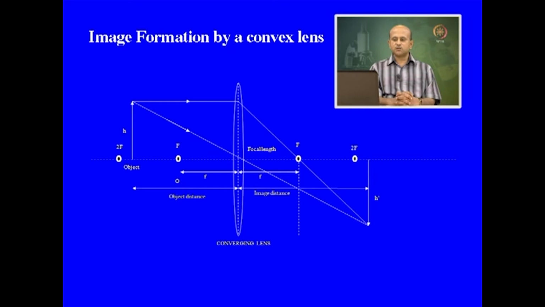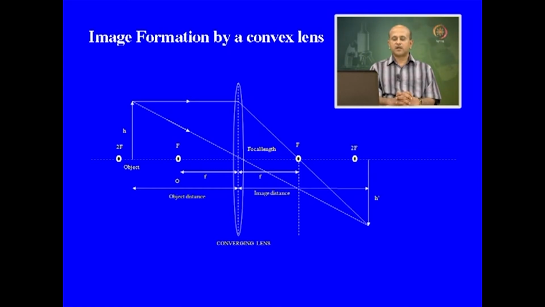There are other things to be seen. If you see here, the object has been placed beyond one focal length, and you can see that an image is being formed which is an inverted image, that is upside down. On the left the object is placed, and the distance between the lens and the point where the object is placed is called the object distance, and where the object is placed is called the object plane.